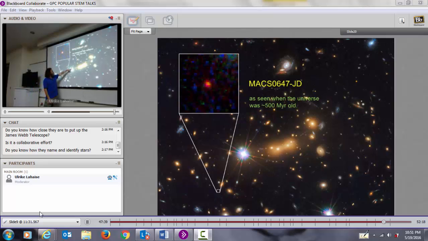The things when you see the diffraction spikes, that means a point source of light. So this is a nearby object, but these are galaxies outside the Milky Way. But that must be the case. So that's a good question. I don't know. But yeah, when they have these great big telescopes that come online, they'll be able to do much deeper versions of this, right?